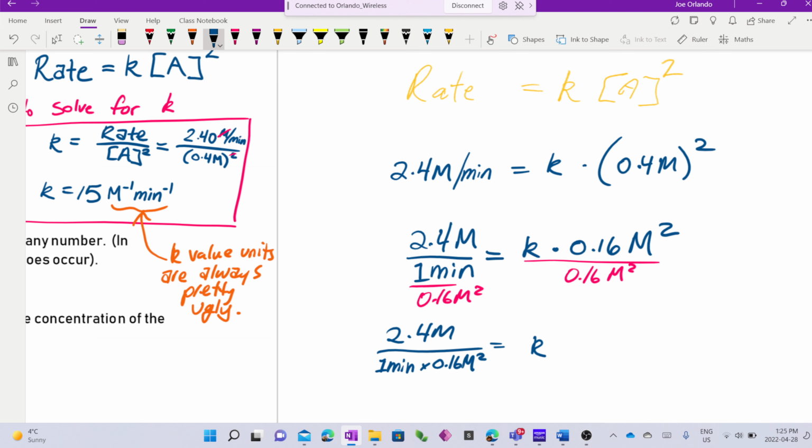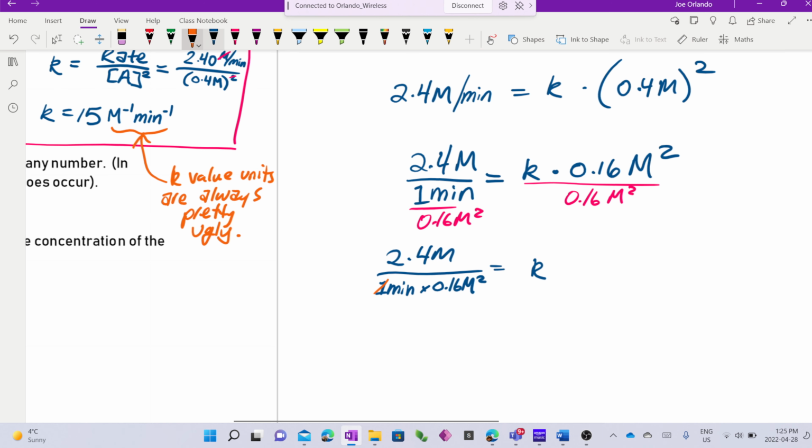Now if we look here, that 1 obviously just divides away. The numbers divide to give us 15, we said. And then if we look at units, this molar can't cancel with this molar because there's 2 of them, but it cancels away the squaredness of it.